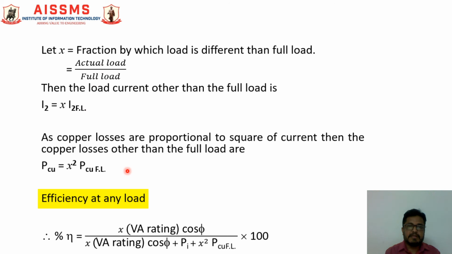As copper losses are proportional to square of the current, then the copper losses other than the full load are PCU, it is equal to x square multiplied by PCU full load.